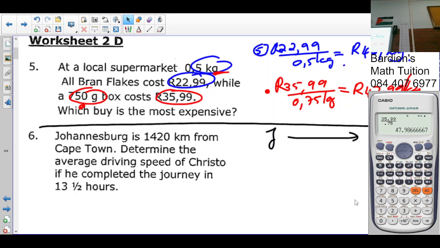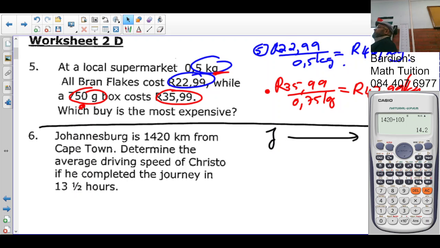Okay, so if you're driving at a constant speed of 120 kilometers per hour, which is not possible, no? You must stop and all of those things. So you're driving at that speed, so it's 1,420 kilometers. Let's say he's traveling at 100 kilometers per hour.